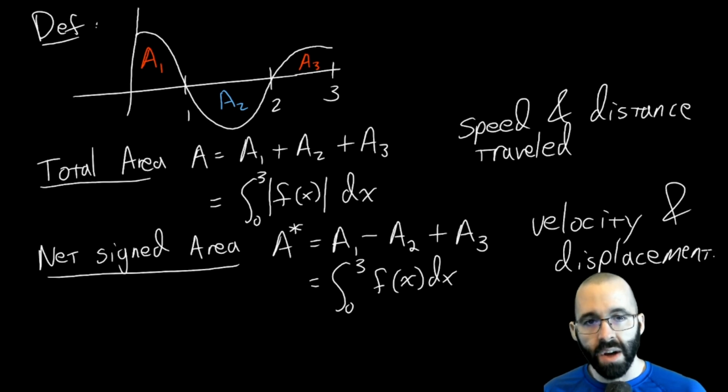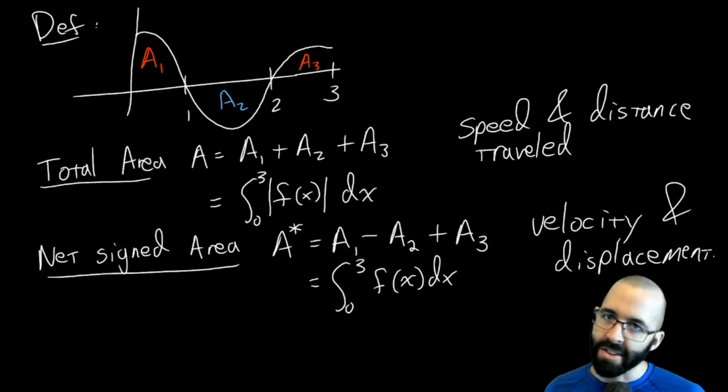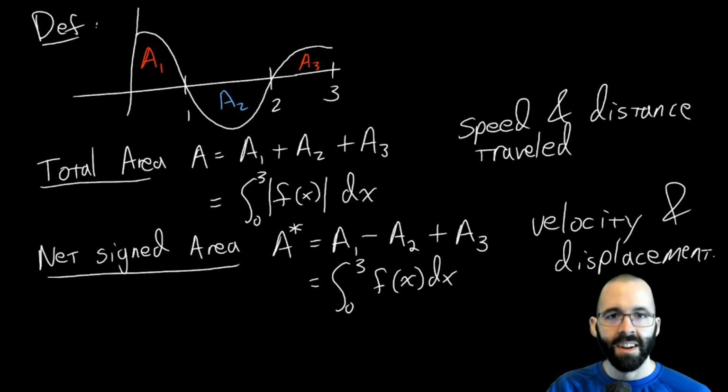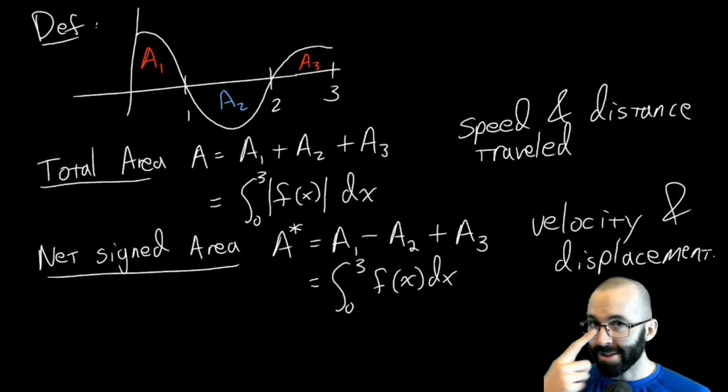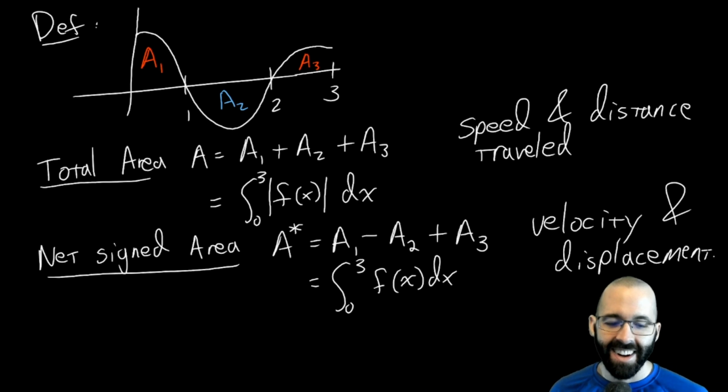If I'm doing donuts in my little Nissan Versa Note in the parking lot, I can keep it at a constant speed, and the distance traveled will always be going up because I'm moving. But my velocity is going to be changing signs. Even at a constant speed, the velocity sometimes will be positive, sometimes negative.